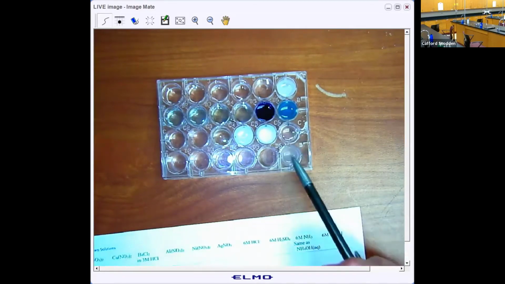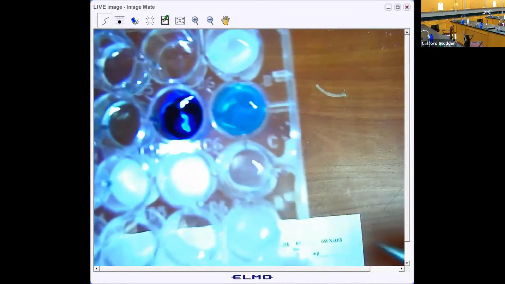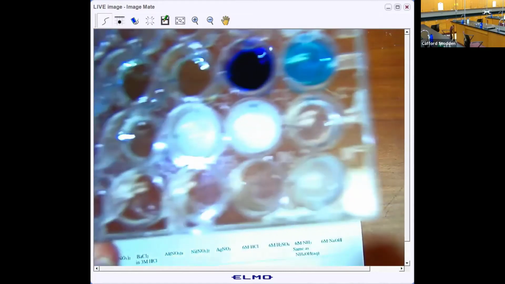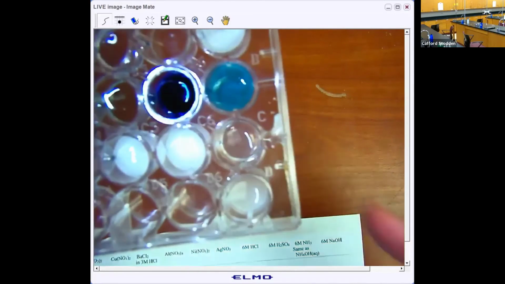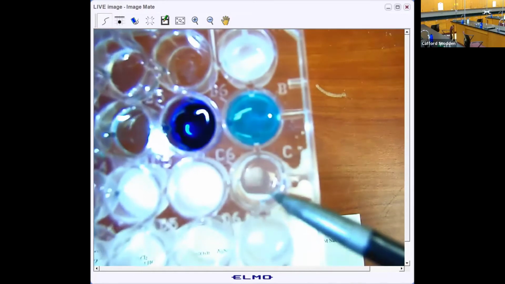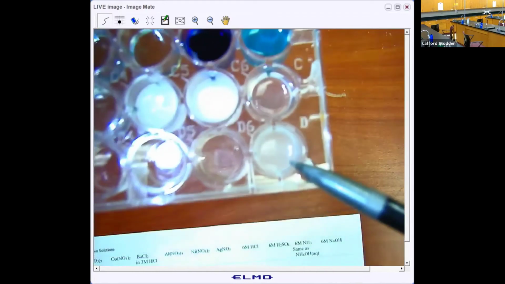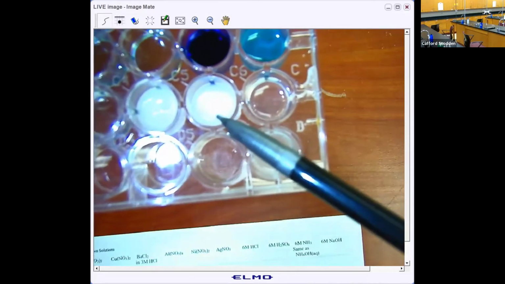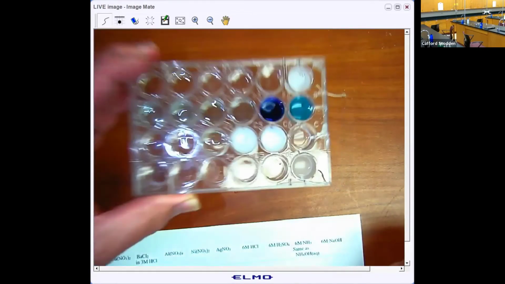I had to go down here to get that last one. With ammonia, that's this one right here, there's maybe a little hint of cloudiness compared to some of these others, so you could say maybe a very slight precipitate. This one is also a slight precipitate because that's definitely cloudy, but it's not nearly as dark as these. That's the sodium hydroxide with the barium chloride.